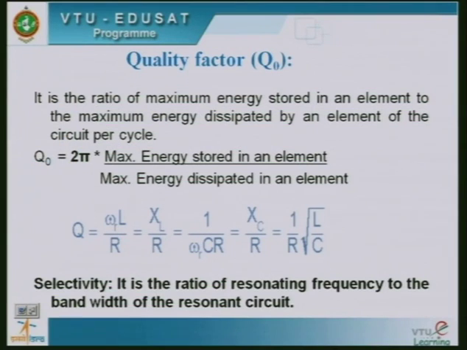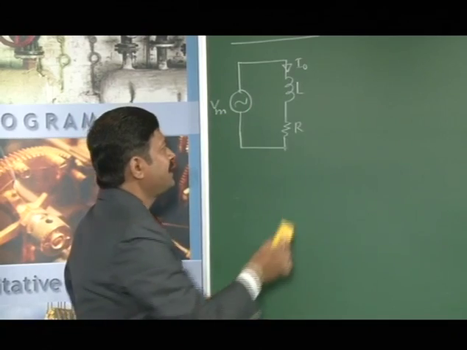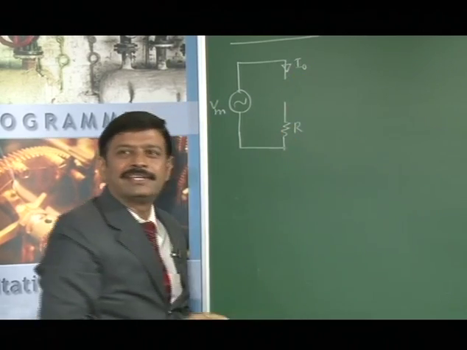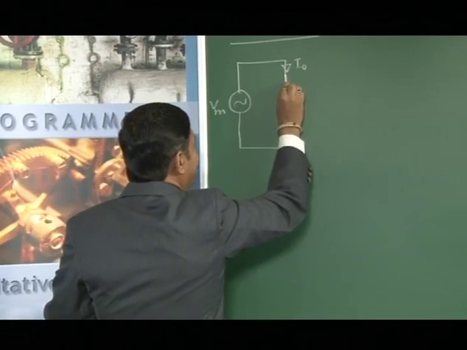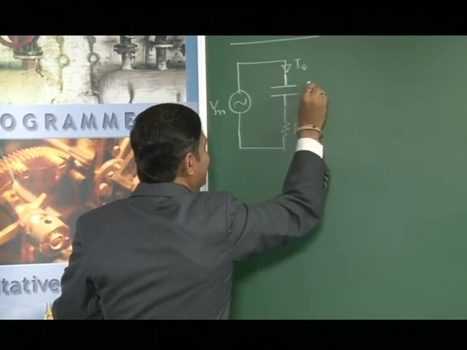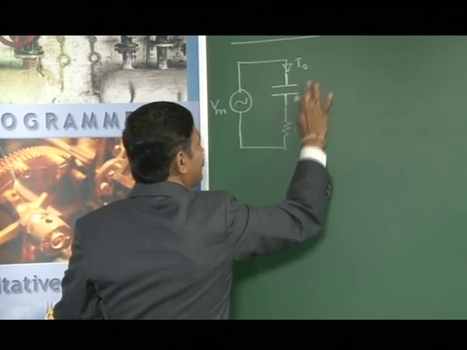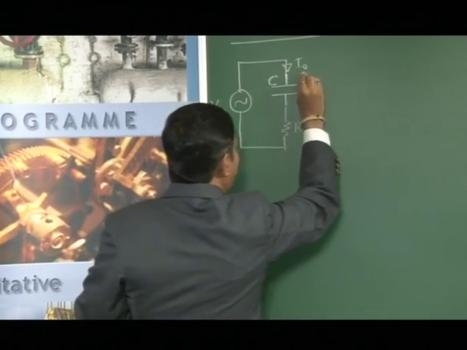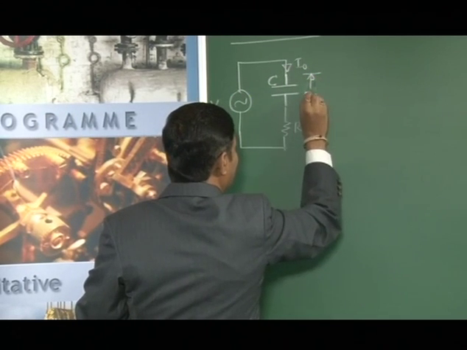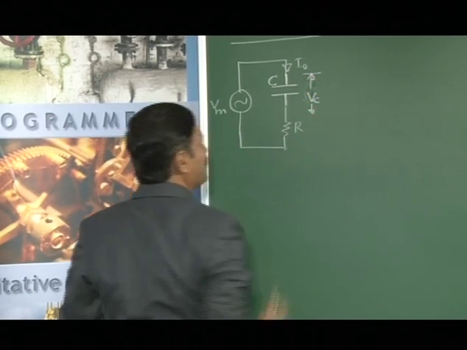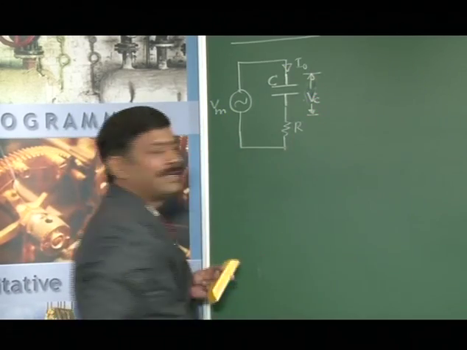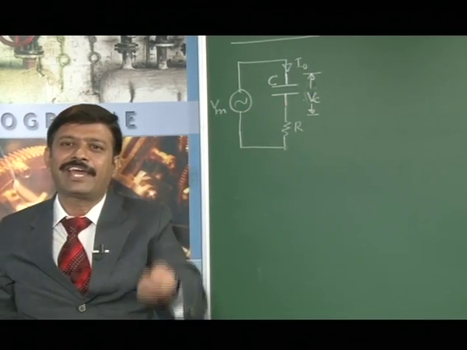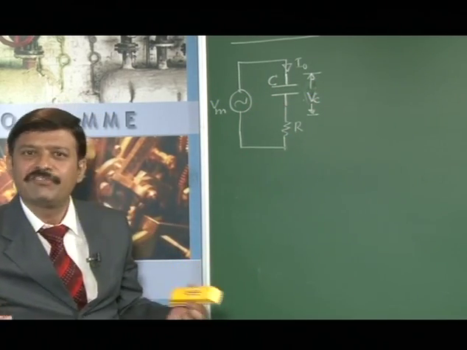In a similar way, instead of inductance, I will take capacitance. I will just replace the inductor with capacitor C. And the voltage across the capacitor, I will take as VC. That means with resistance and capacitance also we can derive one more expression for quality factor.